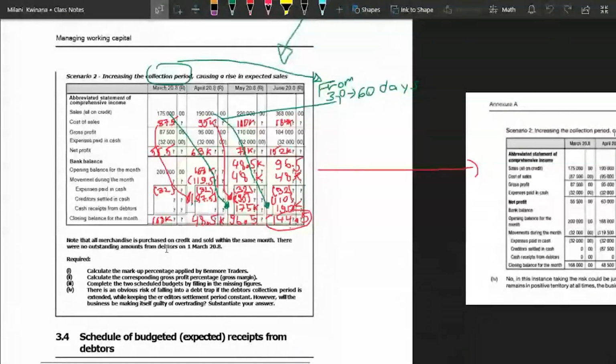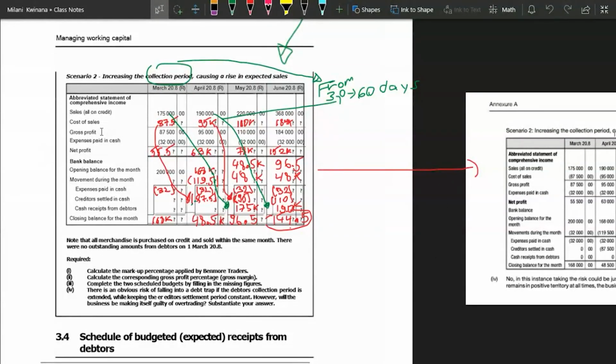The opening balance will be the same in both scenarios. You keep everything constant. The cost of sales is obviously a percentage. You take sales, you minus the cost of sales, you get the gross profit, you minus the expenses, you get the net profit. What does this remind you of?